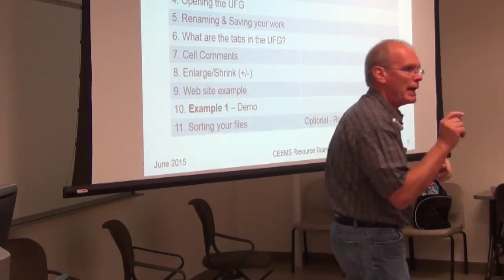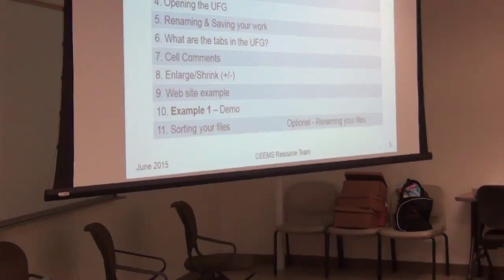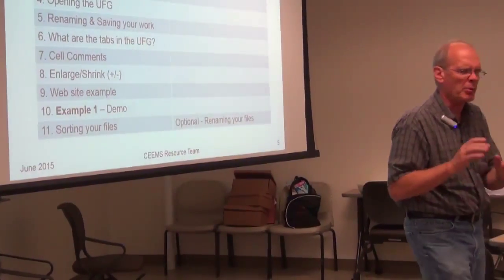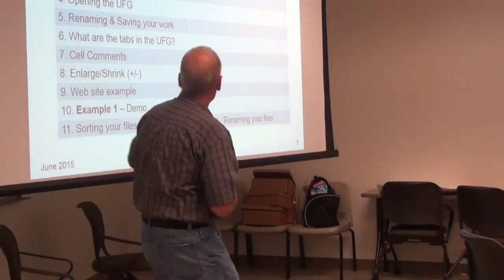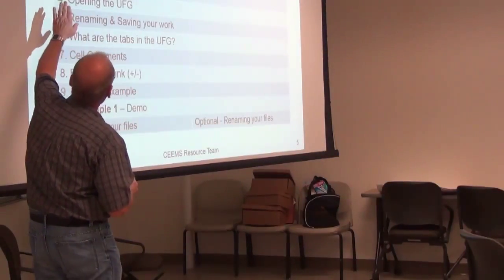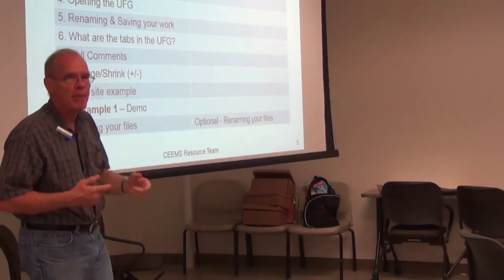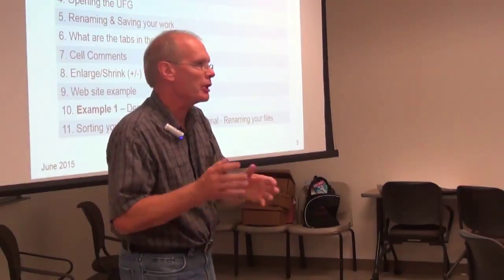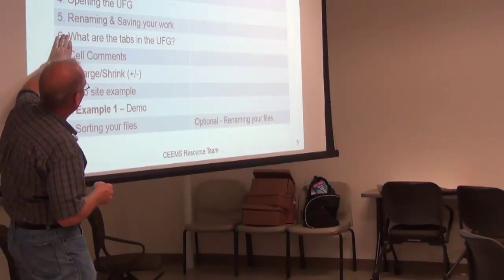Now, one of the things that happens is the first time you open up the unit file generator, it creates a folder called rename files. I'm not going to cover that today, but if you wonder where that came from, the unit file generator generates that when we open it. You can rename it. You can save the unit file generator as Unit 1 or Unit 2 or whatever.